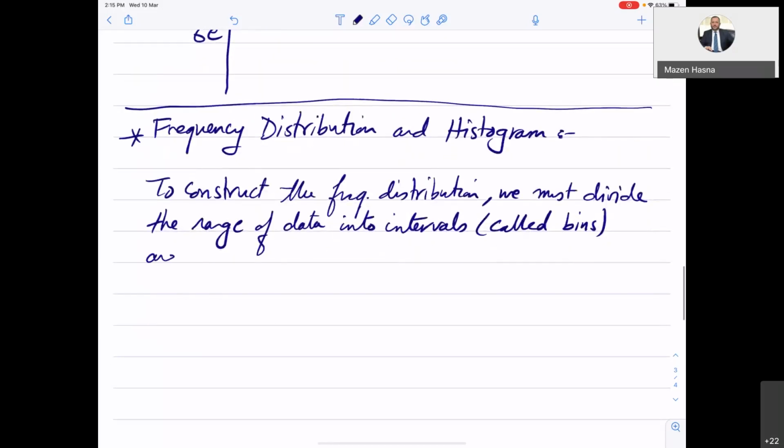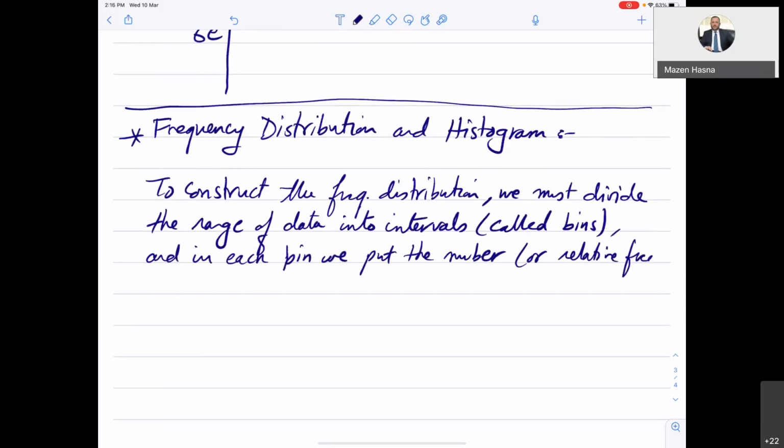And in each bin, we put the number or relative frequency of the data inside that bin. I will do an example of this to be more practical.